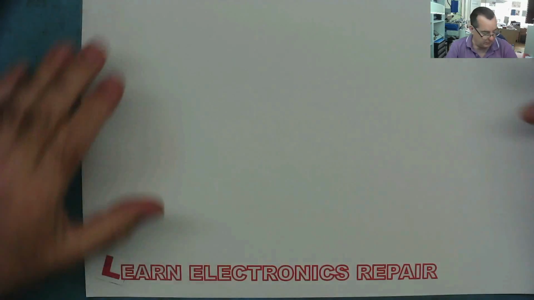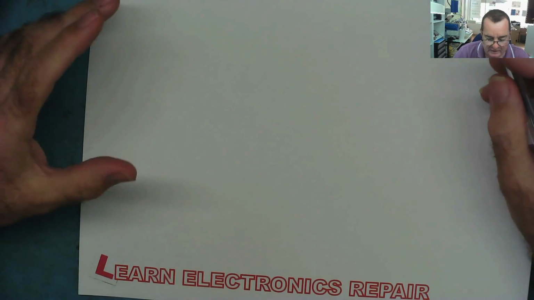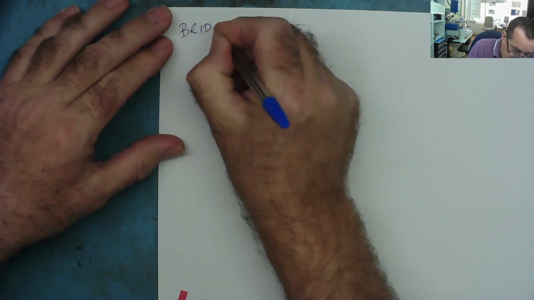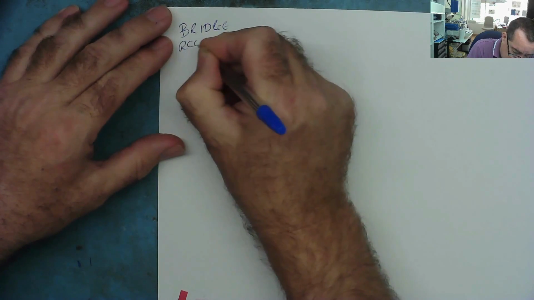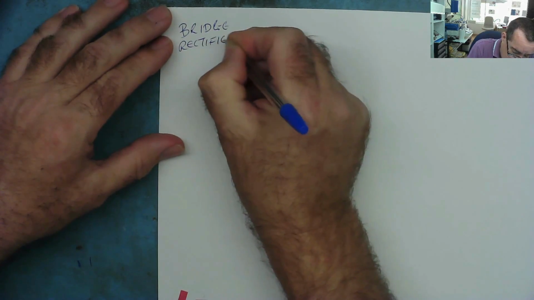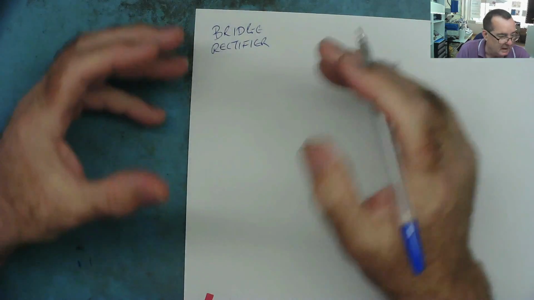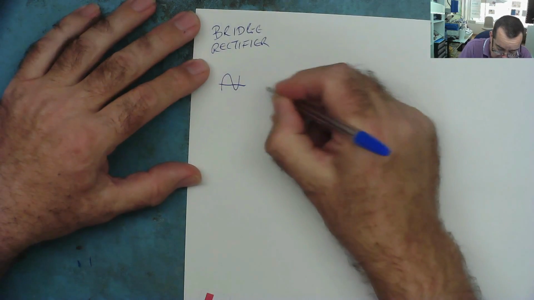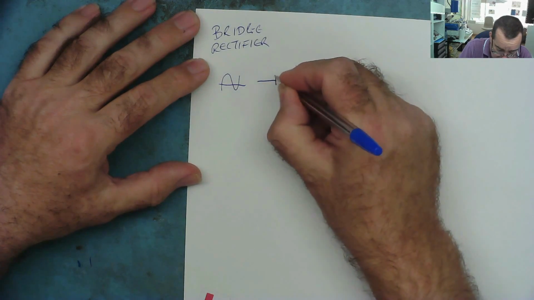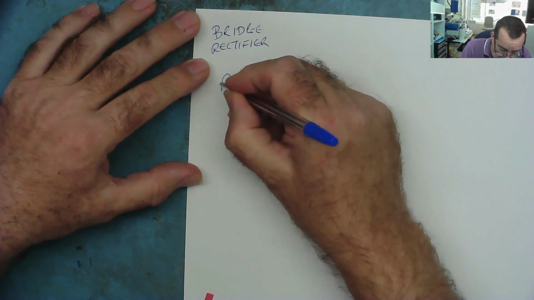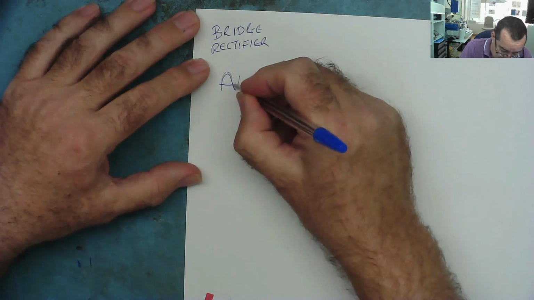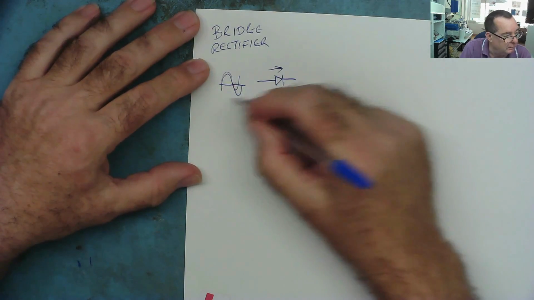There's one other use of diodes, rectifier diodes, which is so common that I want to explain it to you. And this is a circuit called a bridge rectifier. Now I mentioned previously that a diode effectively turns AC into DC. So if you have an AC signal and you send it through a diode, in the positive half cycle this diode will conduct, and in the negative half cycle it will block the voltage.